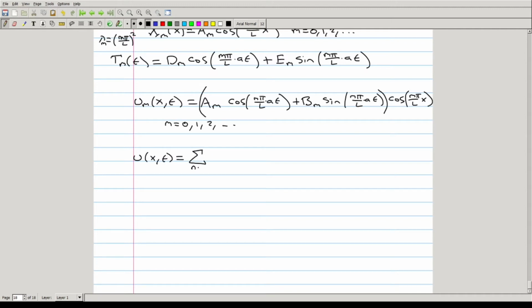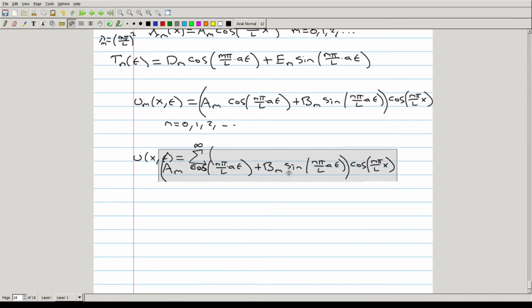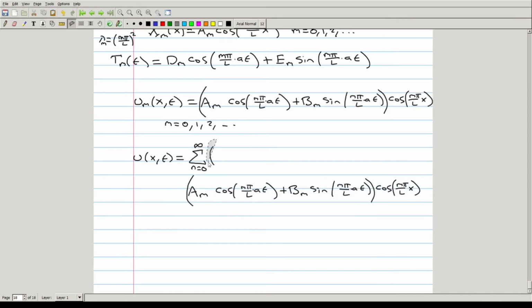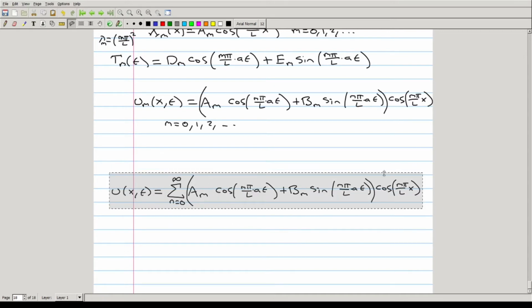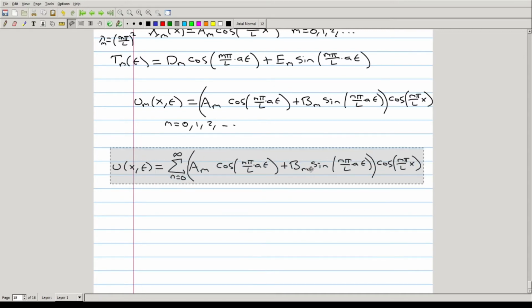It's going to be an infinite summation, 0 to infinity of functions of this form right here. And this concludes step 2 of solving the wave equation.